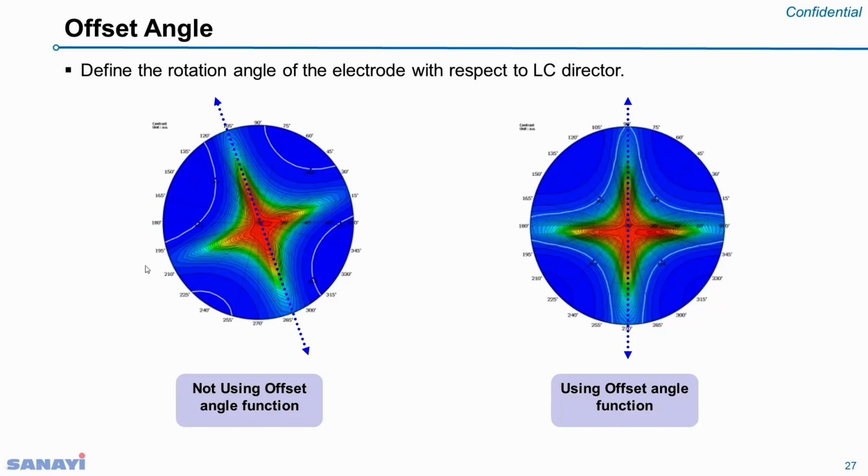When the offset function is not applied, we assume that the electrodes are always perpendicular to the screen, and accordingly the rubbing angle of the LC should be set. Therefore, the reference axis is quite tilted in one direction. But when entering the offset function, the result is output in the same form as the real one.